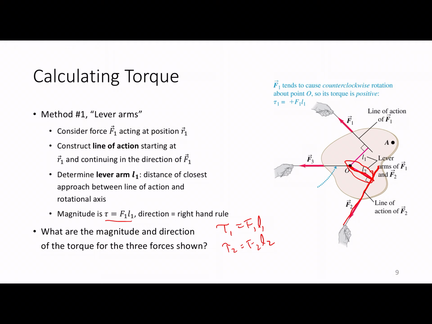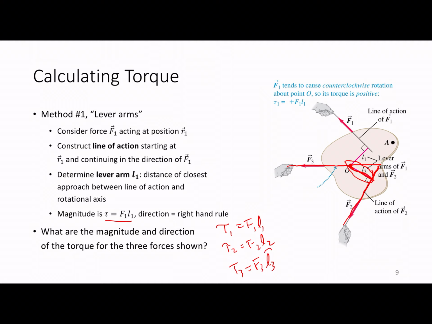Now F3 is a tricky one. Torque 3 is still by definition F3 times L3. But notice, when I draw my line of action for force 3, it goes right through the point of origin. So the distance between the line of action and the origin, or the axis of rotation, is just 0. It goes right through there.